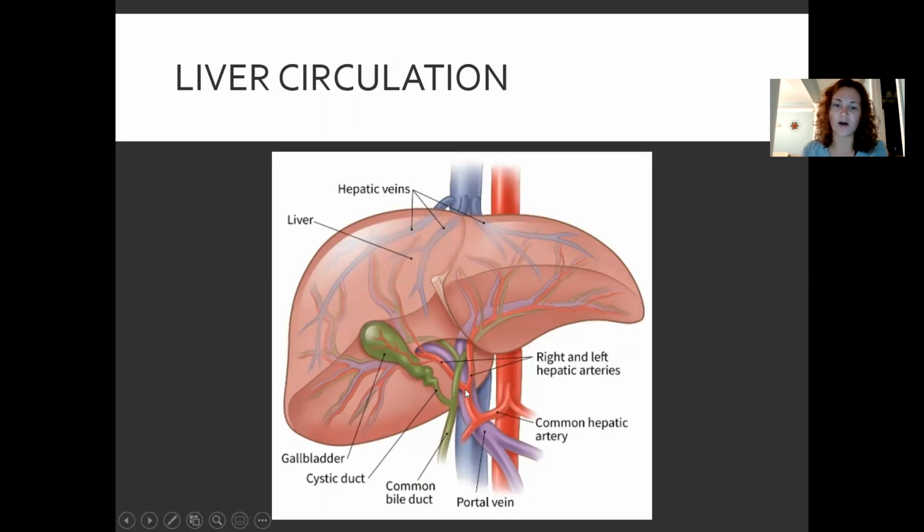Then we also have the common bile duct, which we know combines the liver, the gallbladder, and the pancreas to drop digestive enzymes and bile into the duodenum. And then this here is the portal vein. So that's what's taking deoxygenated blood from the GI organs to the liver, providing nutrients to the liver and detoxifying the blood to make it safe to be delivered back to the heart through the hepatic vein.